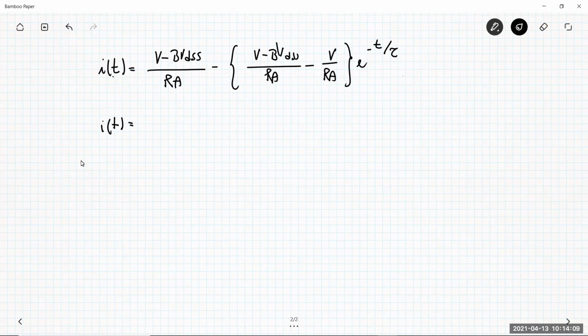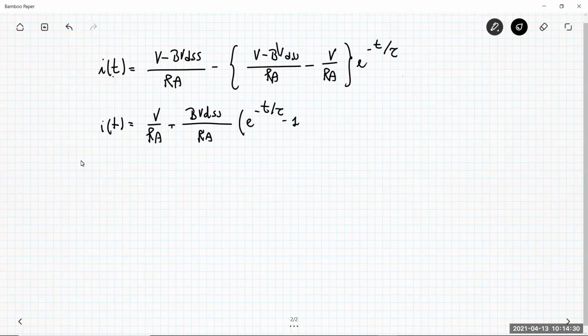With some simple manipulation, you can find that this is the same as V over RA plus, okay, it is not so important to write it in this way, but it is another alternative way. Pay attention that now the time axis has the zero at the time instant at which I have the turn off.